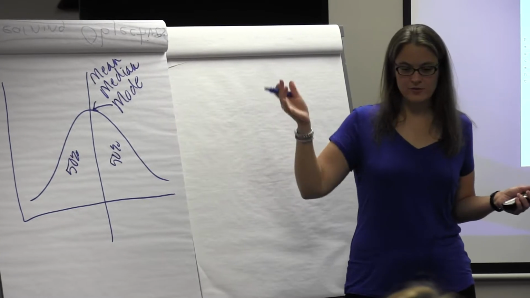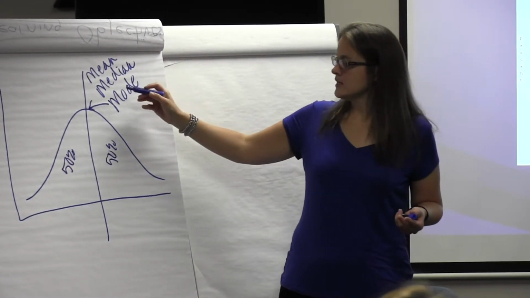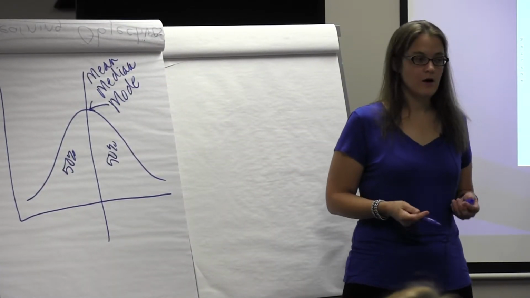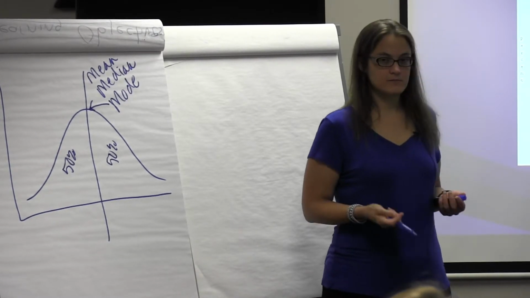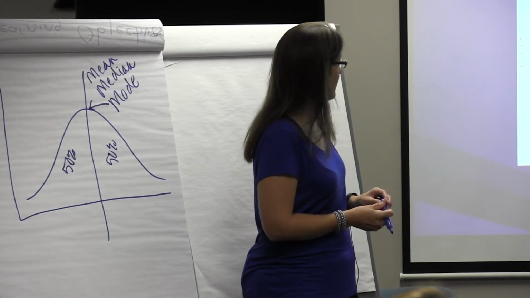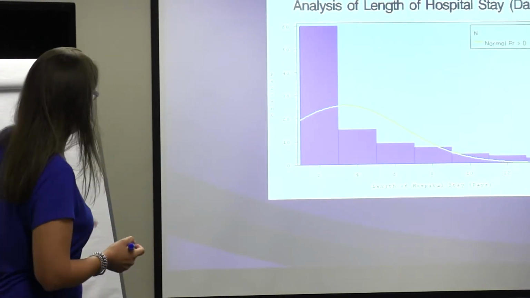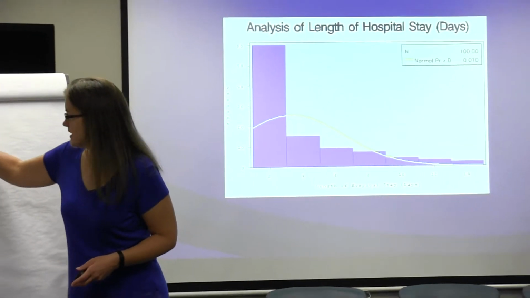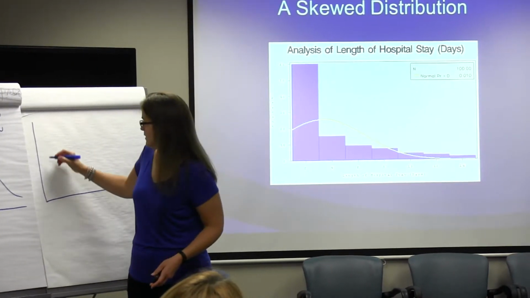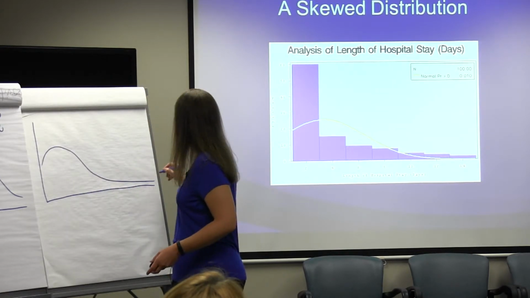Unfortunately, it can sometimes cause frustration. Some of the data that we work with that people commonly like to study are not and will never be normally distributed. And length of stay is the best example of that. To emphasize it here as I talk, I'm going to exaggerate it a little bit, but what we end up with for length of stay is something kind of like this.